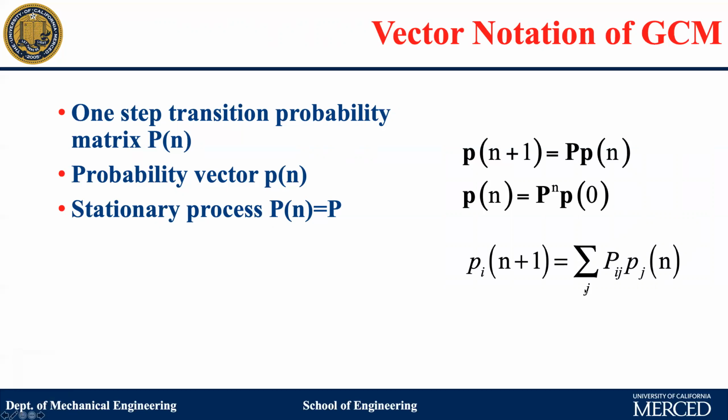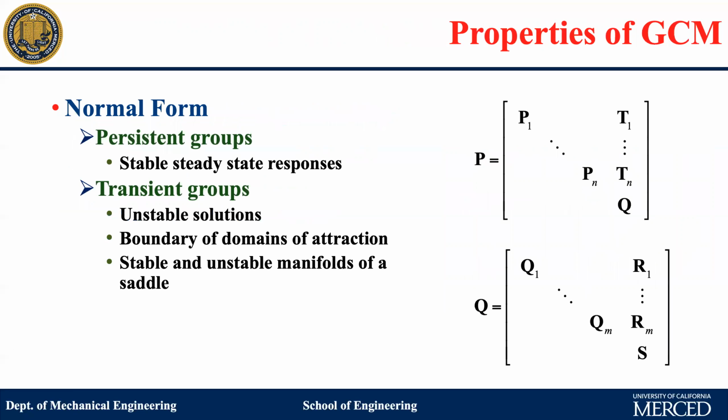And then the dynamic evolution is just a simple iteration of the probability vector defined in a certain state space. Also, a lot of the interesting properties of a nonlinear dynamic system are embedded in the topological structure of the transition probability matrix P.